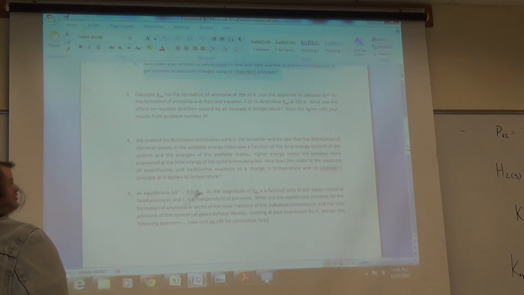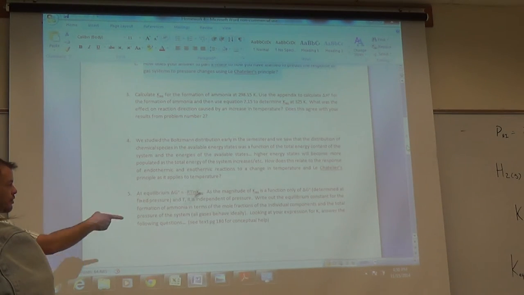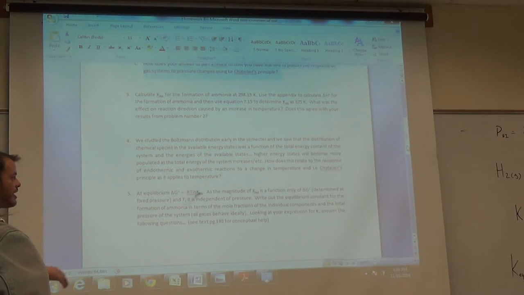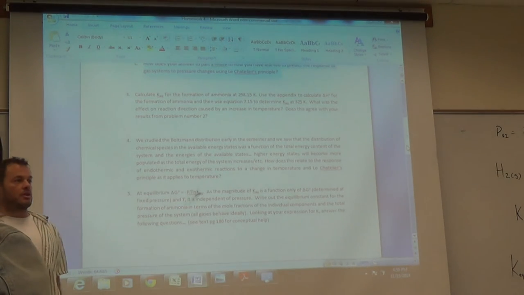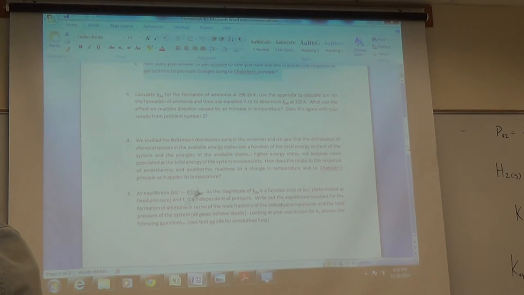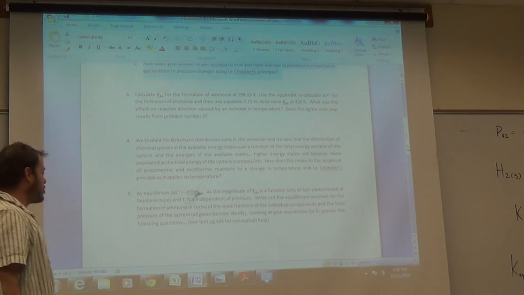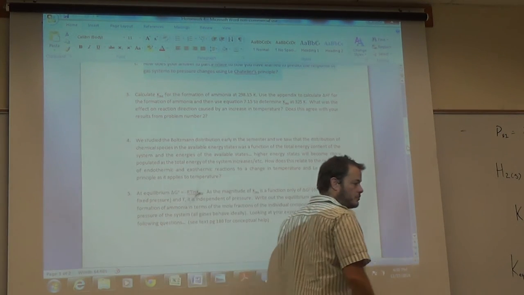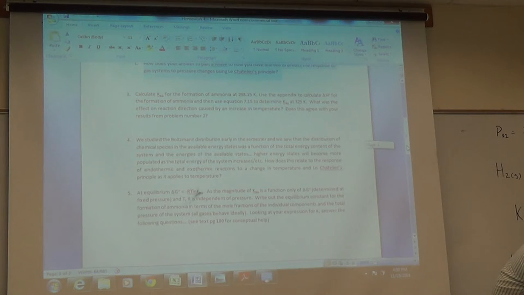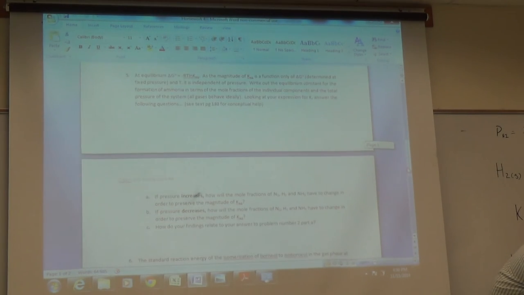And then number 5, this whole homework set is based on the same reaction. Number 5 is just asking you to write out the K of pressures, K sub P, for ammonia, and then look at that and based on that, answer how the system is going to respond to a change in pressure, right?